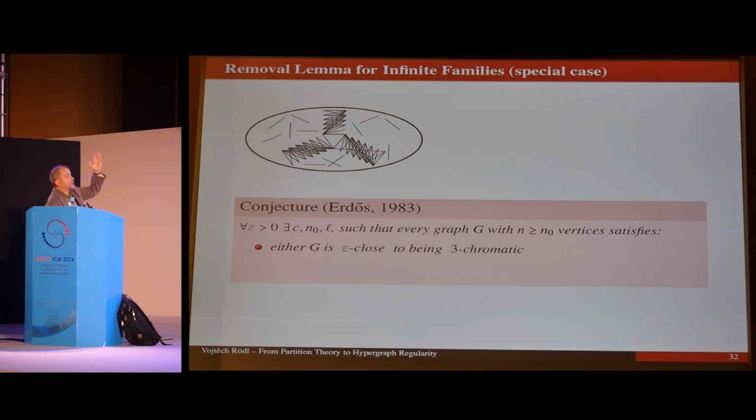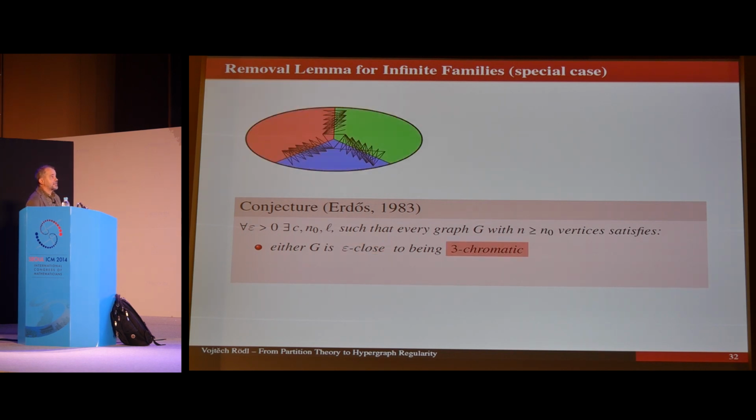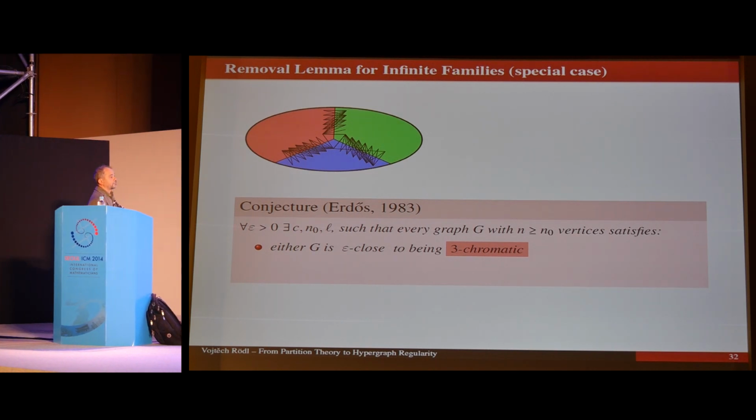We could delete just a few edges, you see, we did. And the graph, we could split the vertex set into 3 classes, each of which was an independent set, which means in graph theory that the graph is 3-chromatic. We could color the vertices by 3 colors.